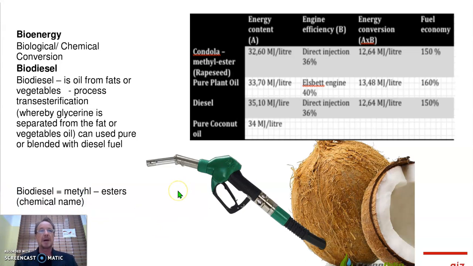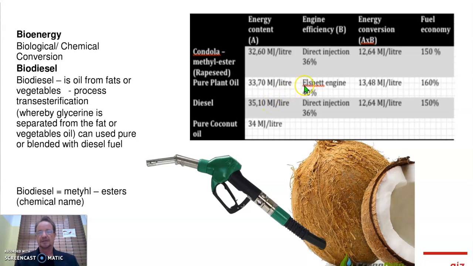Bioenergy. So you can make biodiesel out of it. Biodiesel is oil from fats and vegetables processed through transesterification, which is a little bit of a difficult word. Here, for example, you have rapeseed oil, pure plant oil, and diesel in comparison, the energy content.